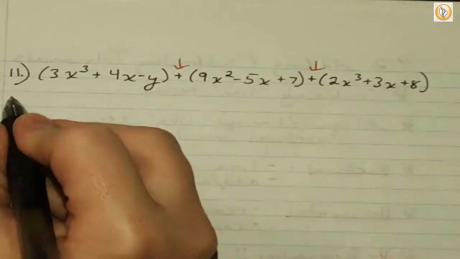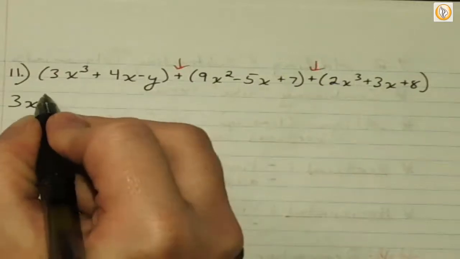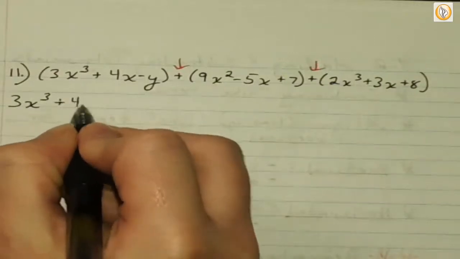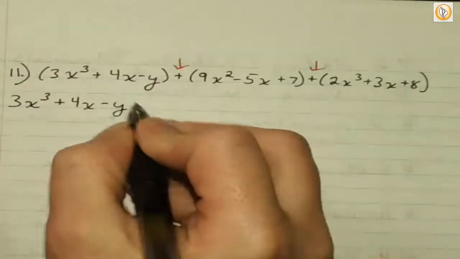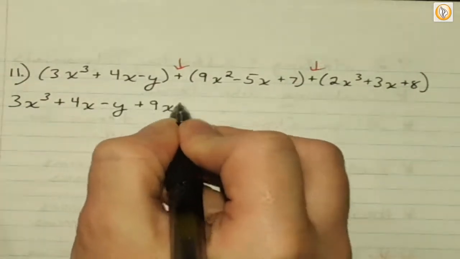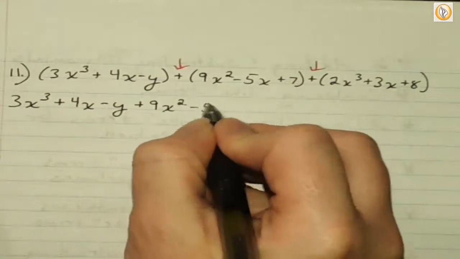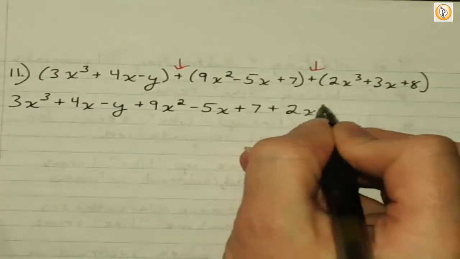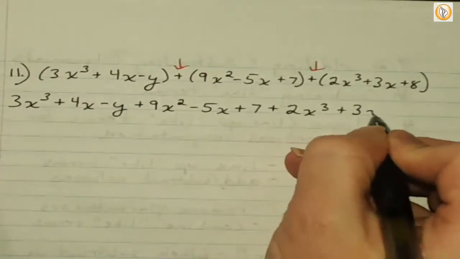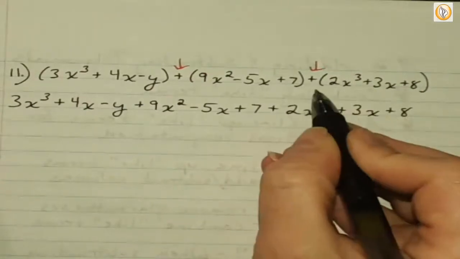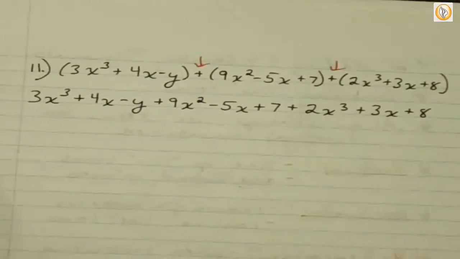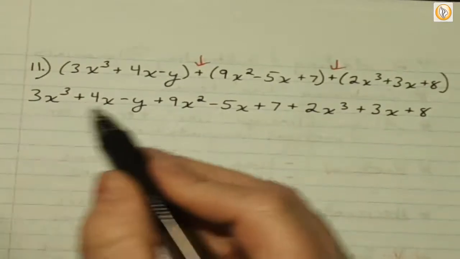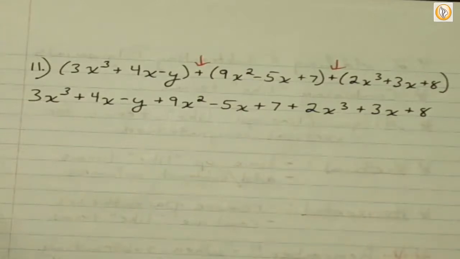So I'm going to just rewrite all of my polynomials without parentheses, and they keep the sign of whatever they are. Now, if this was a negative, I'd have to change everything. So there I've written one long math sentence. All I did was remove the parentheses.